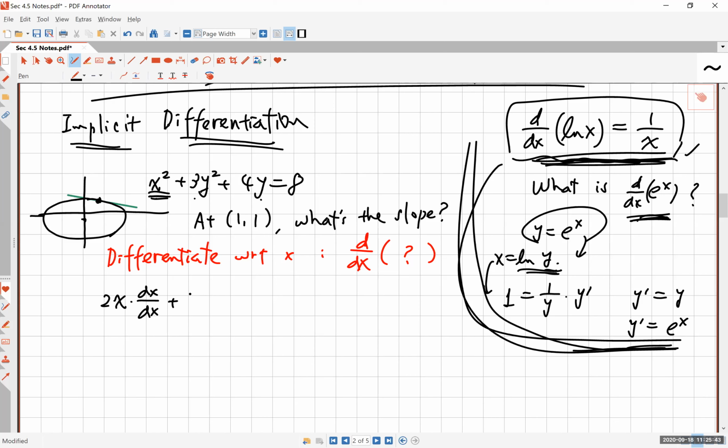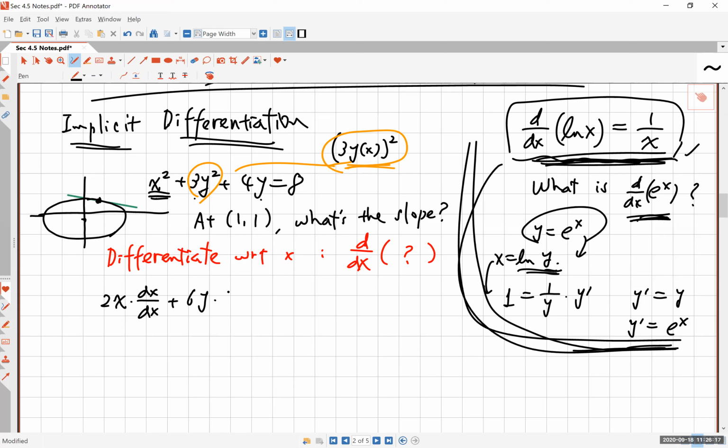And the next one, it's going to be 6y, but remember, y is thought of as a function of x. So if you really want to pay attention to what's going on, thinking of y as a function of x, if you differentiate this using the chain rule with respect to x, this becomes 6y times y prime.